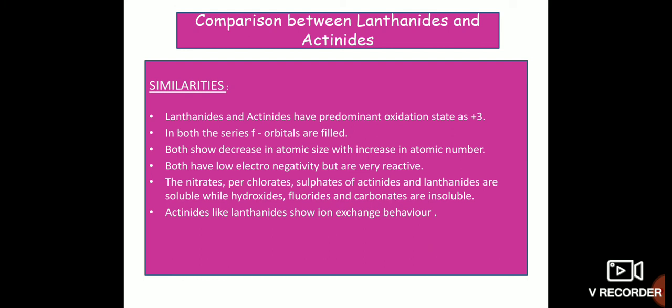Because of this ion exchange behavior, the mixture of lanthanides can be easily separated by using this ion exchange technique. So these are the similar properties of lanthanides and actinides.